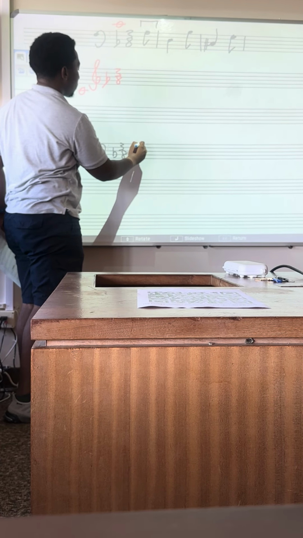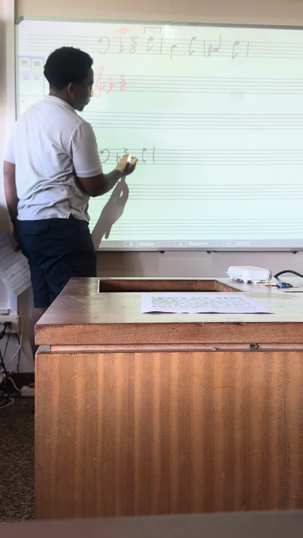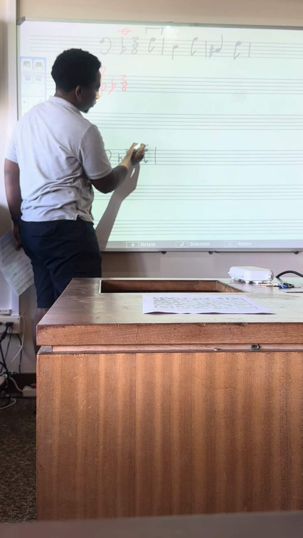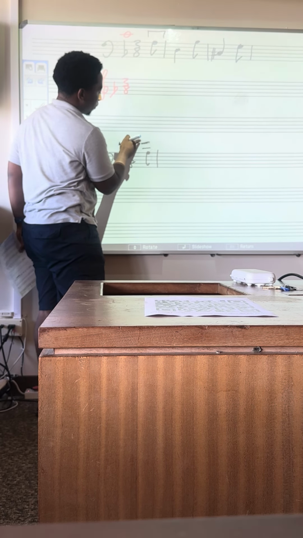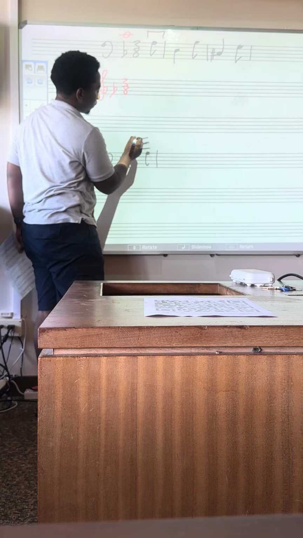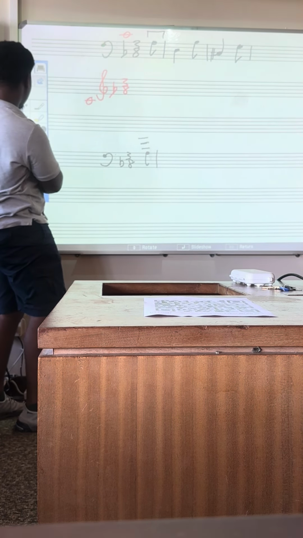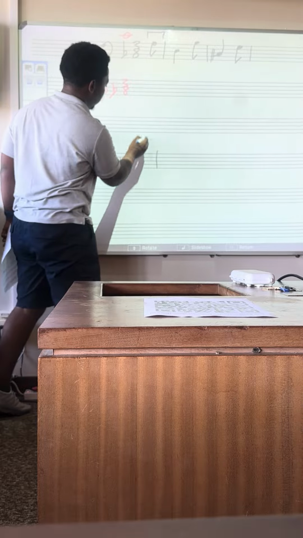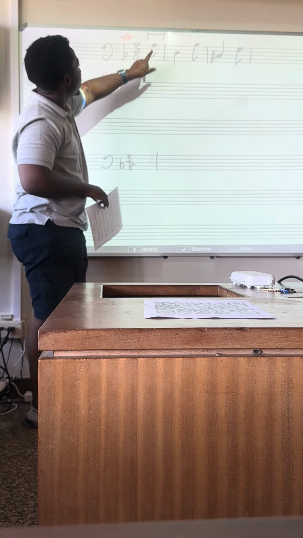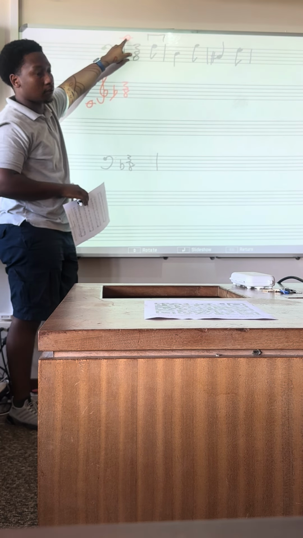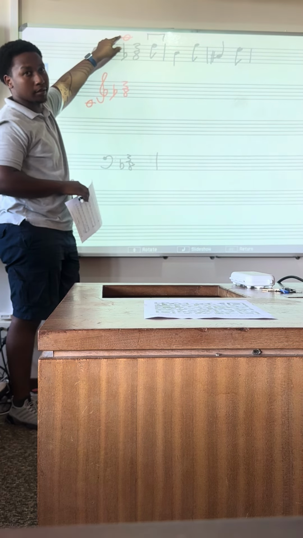So if this A was here and you want to take it 8 notes up, you would go 1, 2, 3, 4, 5, 6. Okay, this is okay. Now let's do this. I think there should be an easier way to explain this. This A is below middle C. If you're taking this an octave up, it must be the A above middle C.